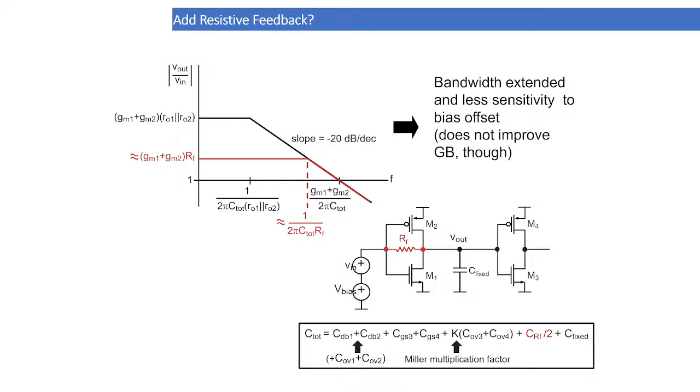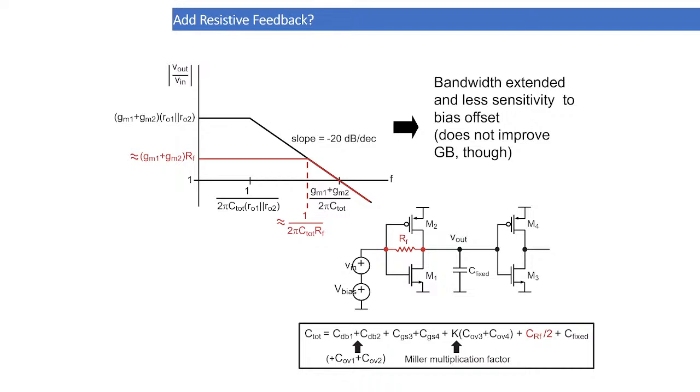It comes down, but the range where it is parallel to the F axis, the real bandwidth, is increasing. Instead of 1 upon 2 pi C total into (R01 parallel R02), it has now changed to 1 by 2 pi C total RF. So using RF, a resistive feedback resistor, the bandwidth has increased.